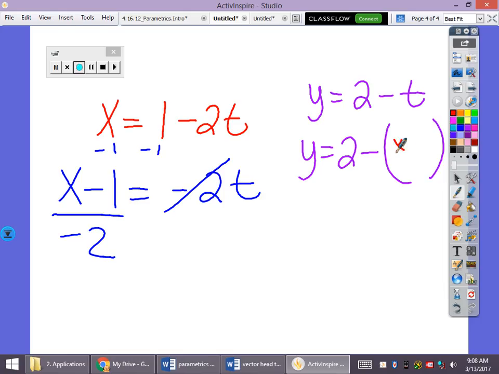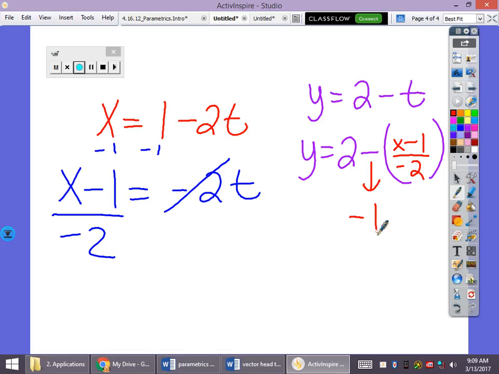X minus 1 over negative 2. Now I'm going to distribute. The negative gets distributed to what? What part of the fraction? It doesn't matter. But I, for consistency, always distribute it to the numerator. You either distribute it to the numerator or the denominator.